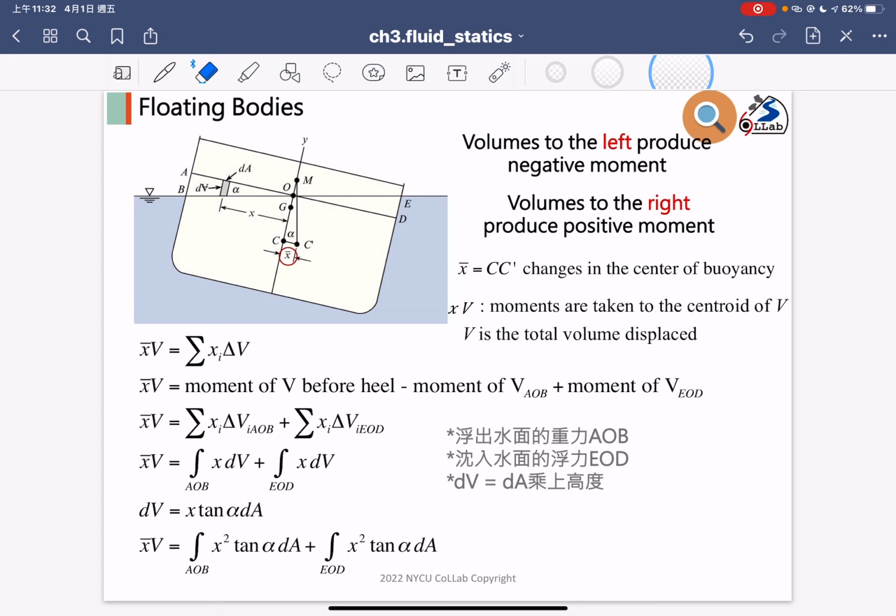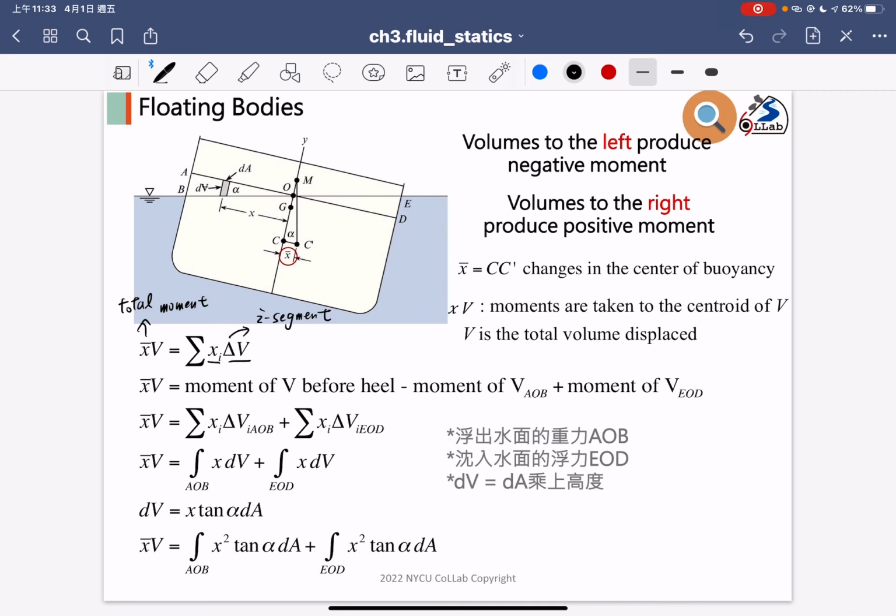So that means there is a total moment, and on the right hand side we have the i segments. And each segment has a different moment. It depends on the different displaced volumes we have, and the small xi distance.